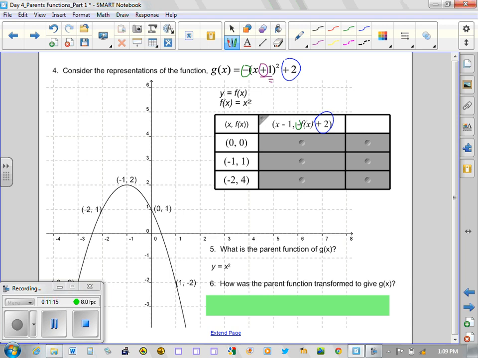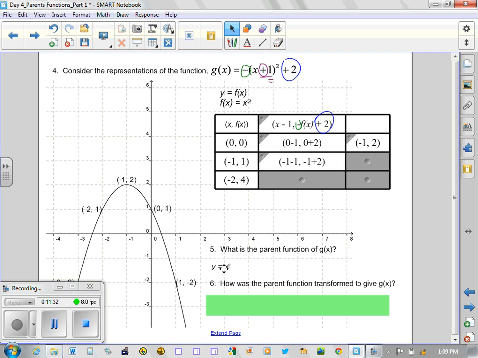So let's go ahead and apply the transformations to the original elements in the ordered pairs. So the first ordered pair for the graph of G would be (-1, 2). The second one, if we substitute the original x and y values and evaluate, we'll end up with (-2, 1).